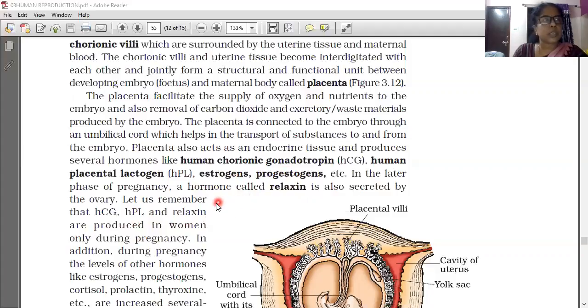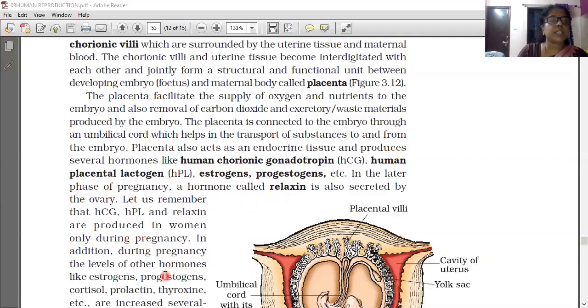Estrogen and progesterone also control the menstrual cycle, which we learned about yesterday, and are always present in adult girls. But human chorionic gonadotropin and human placental lactogen are secreted by the placenta, and relaxin by the ovary. In total, these three hormones are produced in women only during pregnancy.